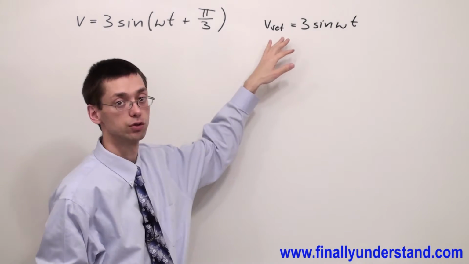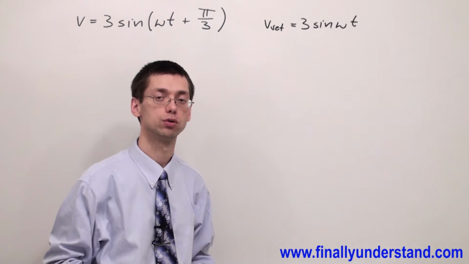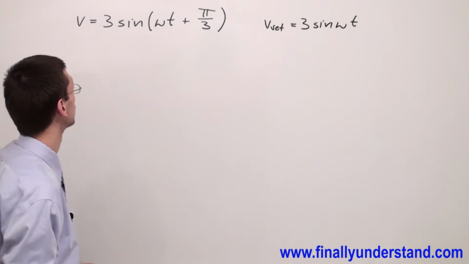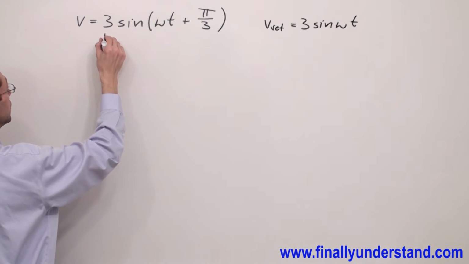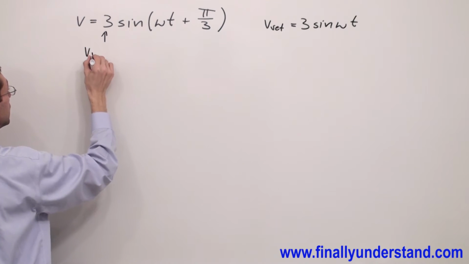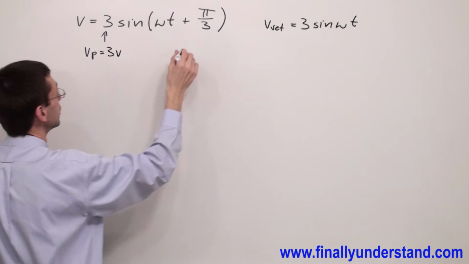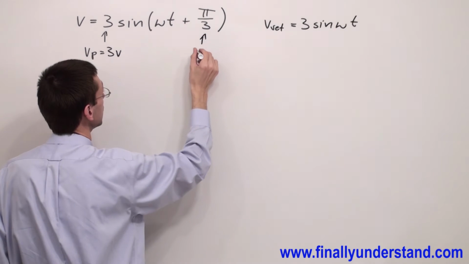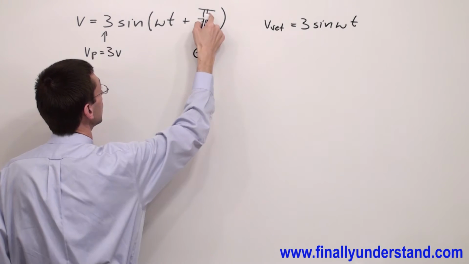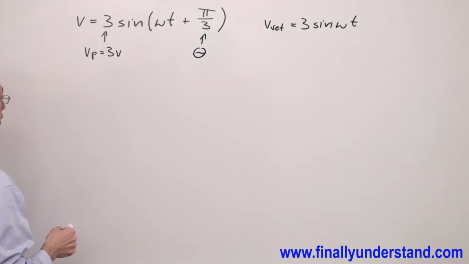This is not the answer, but this is the wave which is going to help me to find the answer. As I said, this is the peak value. This is voltage peak, which is equal to 3 volts because I'm talking about volts. And this is my phase shift in radians, pi over 3.